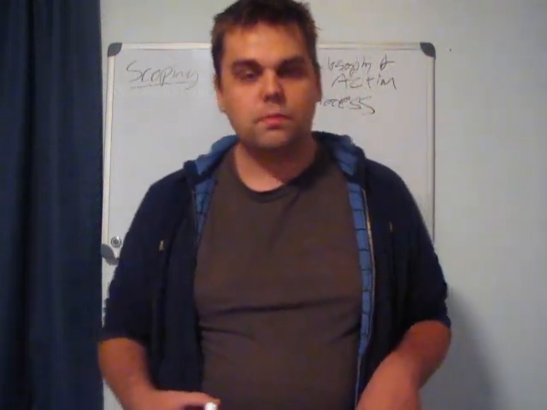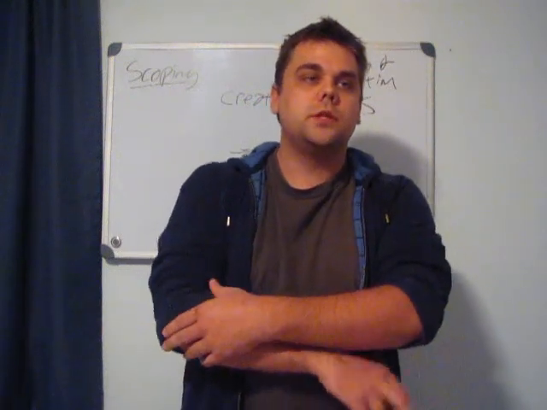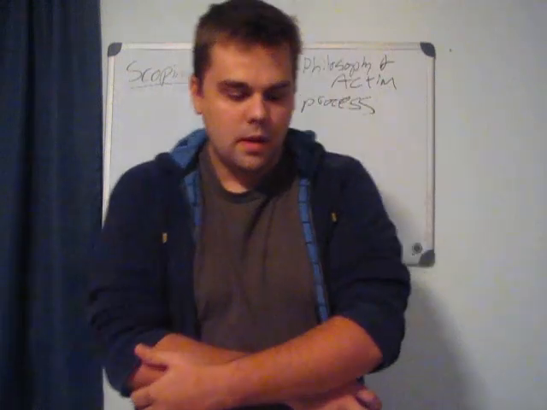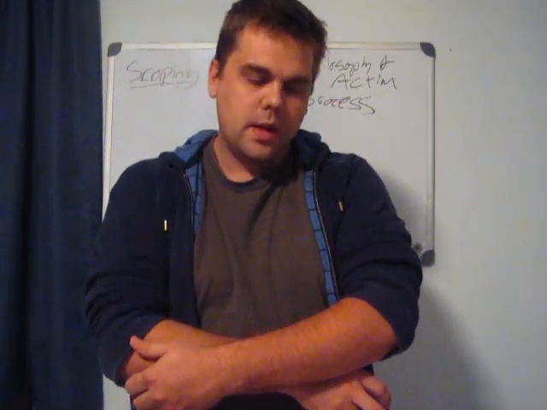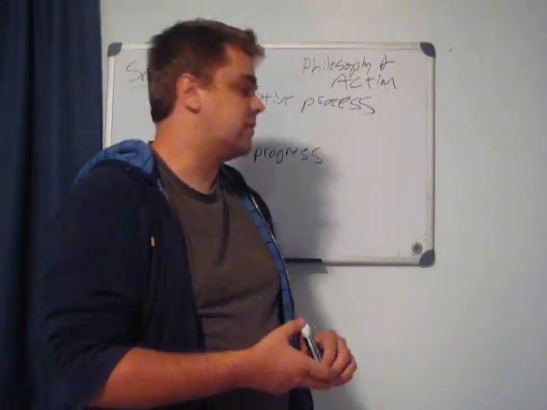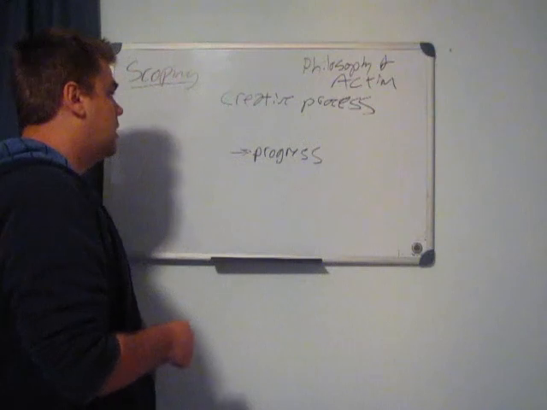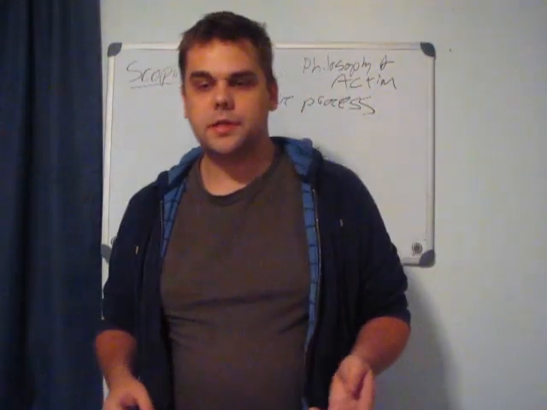So we've got two parts of the process of doing, or action. Maybe doing or action is fine. So we've got two parts of the process of doing so far: creating the idea, and then actually doing it or making progress on it.